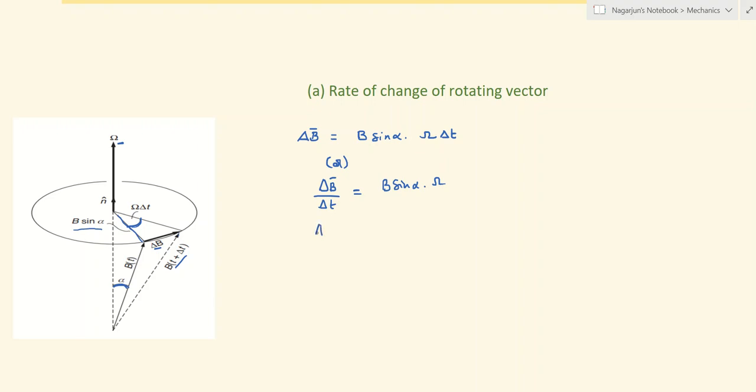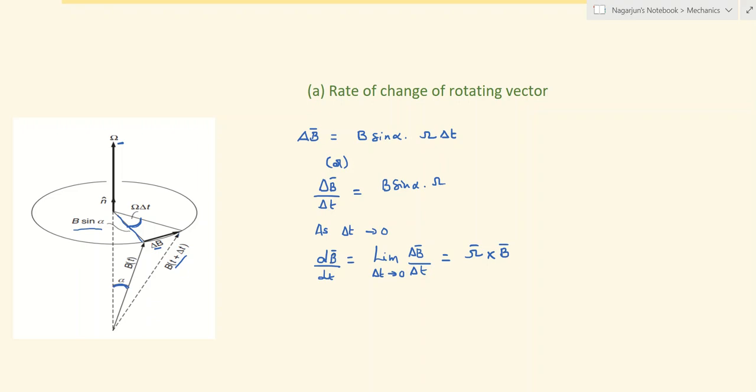As delta t tends to 0, I can express d b bar by dt is equal to limit delta t tends to 0 of delta b bar by delta t, which is equal to omega bar cross b bar. B sine alpha into omega can be expressed as omega bar cross b bar.